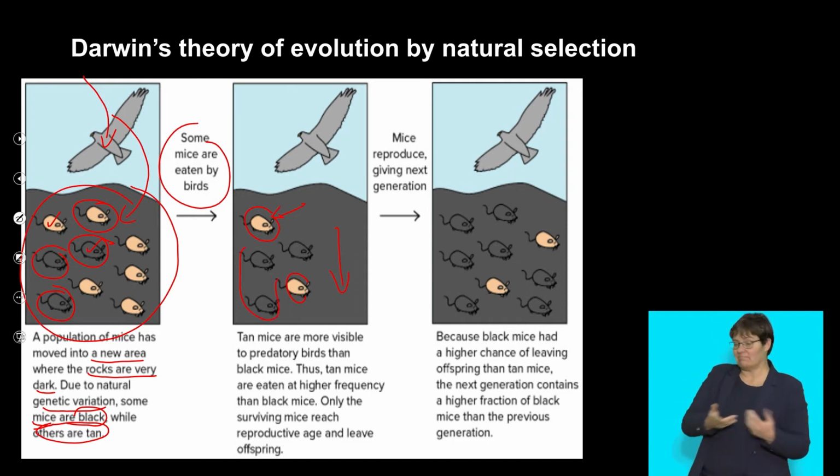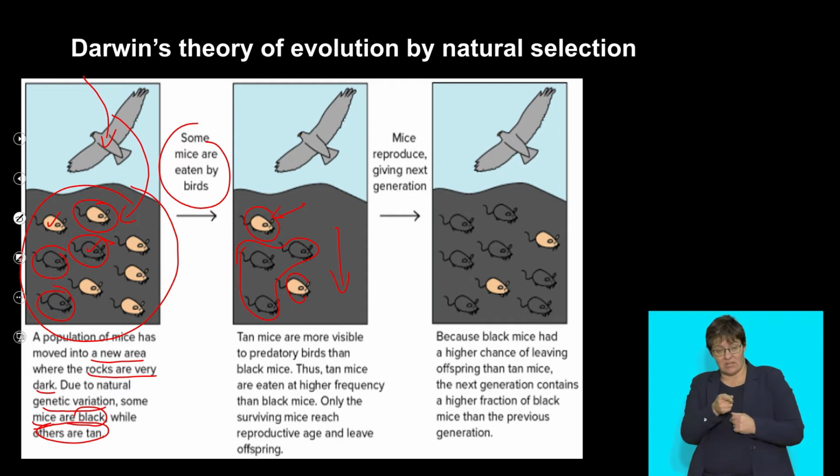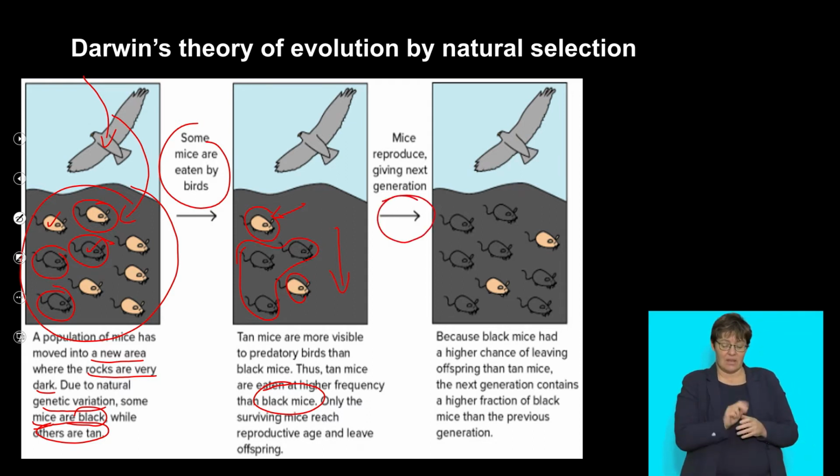This means that individuals that are more suited to the environment, namely the black colored mice, have a greater chance of surviving. And so we find that gradually over a period of time, the distribution of their numbers has significantly changed.